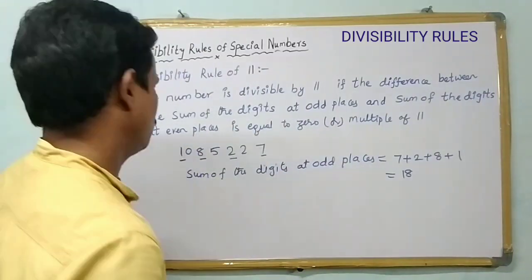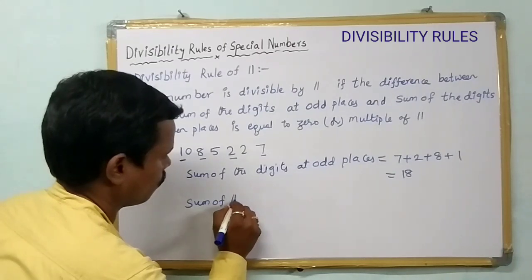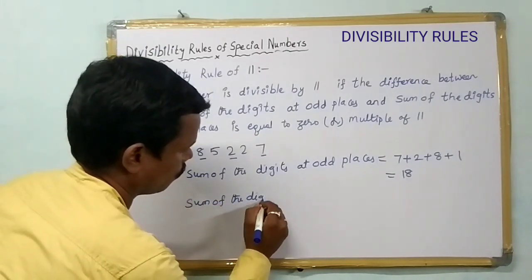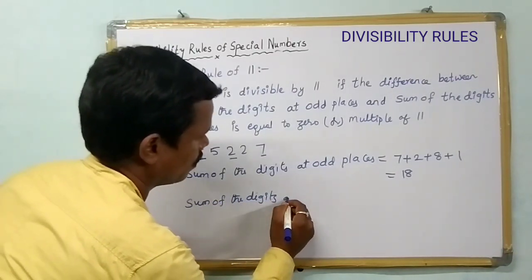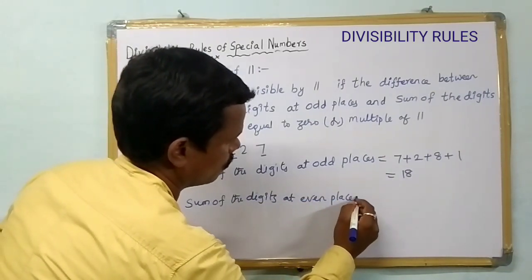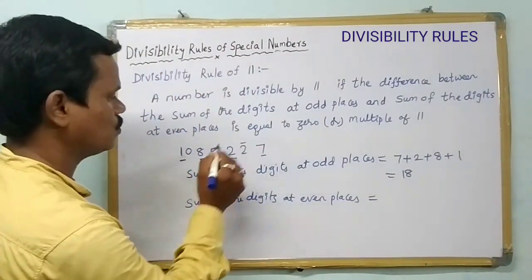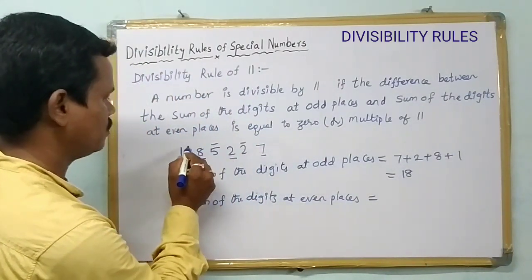Now I am taking the sum of the digits at even places. The even place numbers are 2, 5, 0.